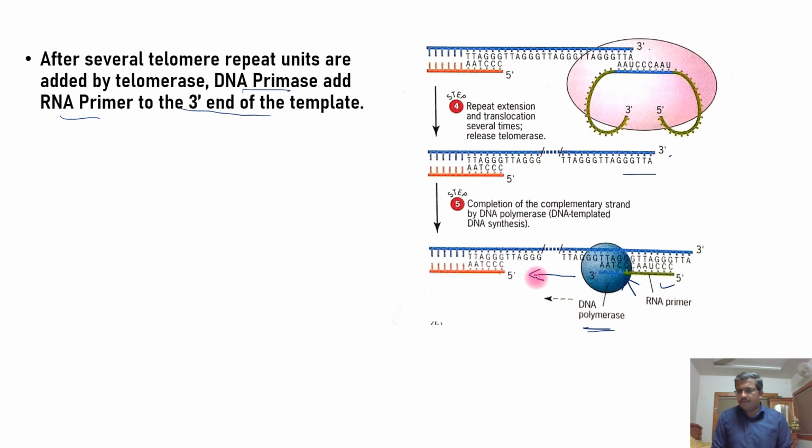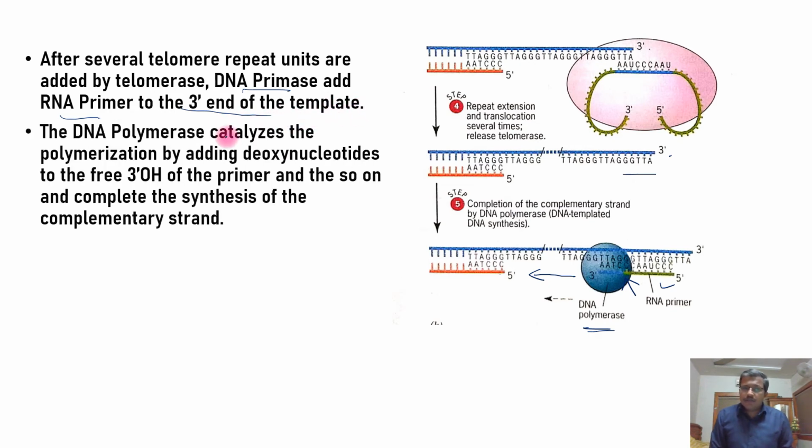So it will reach here. Clear? So that is the stage. The DNA primase adds the RNA primer to the 3' end of the template, and now the DNA polymerase catalyzes the polymerization by adding deoxynucleotides to the free 3' OH of the primer, and so on.